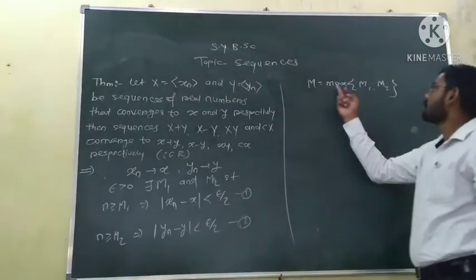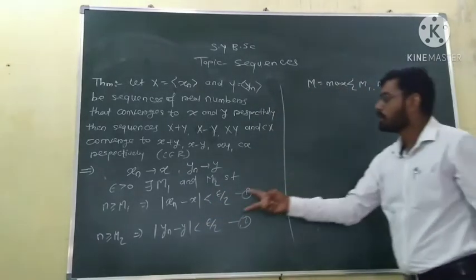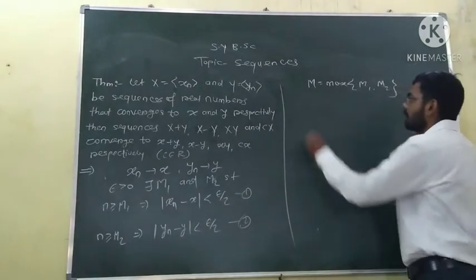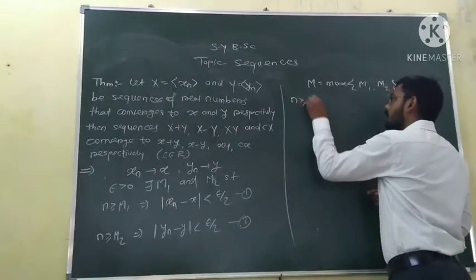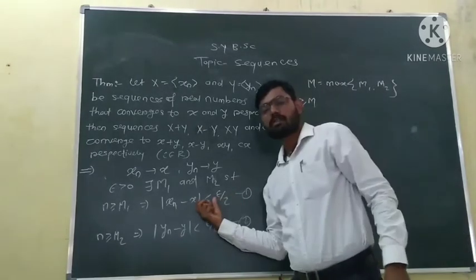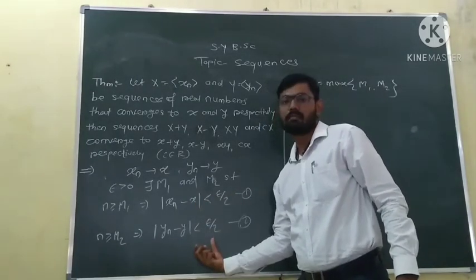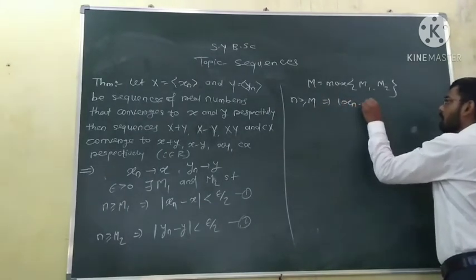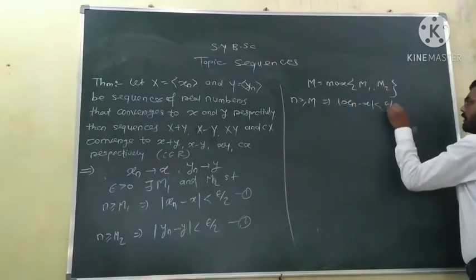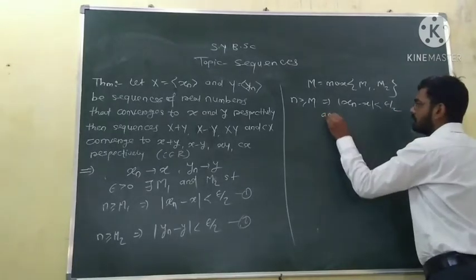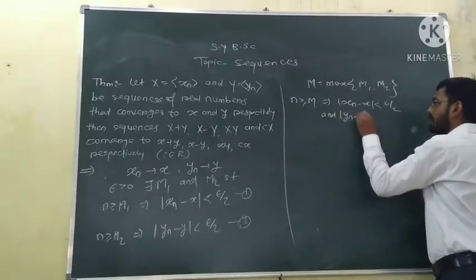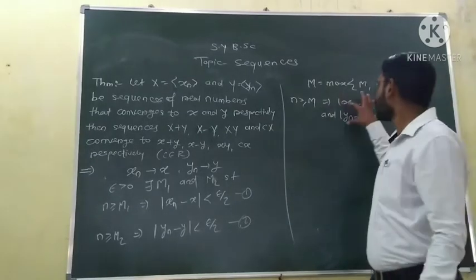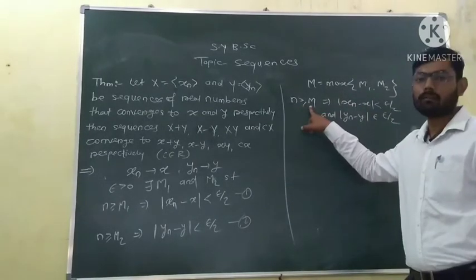So if we take m equal to the maximum of m1 and m2, both inequalities are valid at the same time. So whenever n greater equal m, we get mod of xn minus x less than epsilon by 2 and mod of yn minus y less than epsilon by 2. So this is true for n greater equal m.